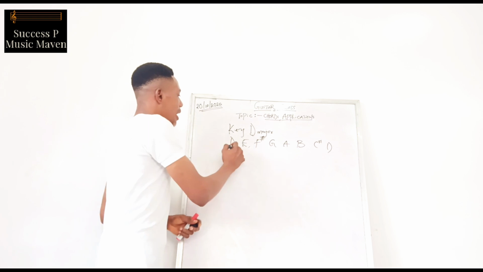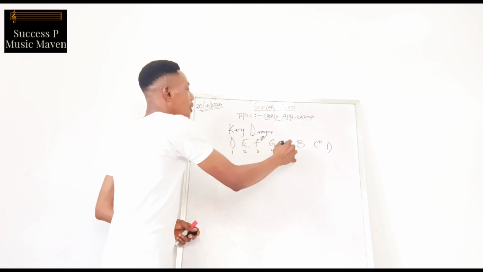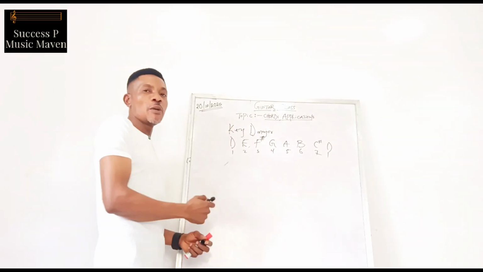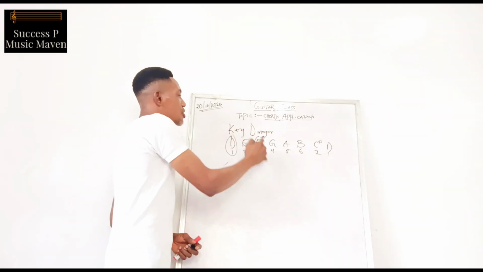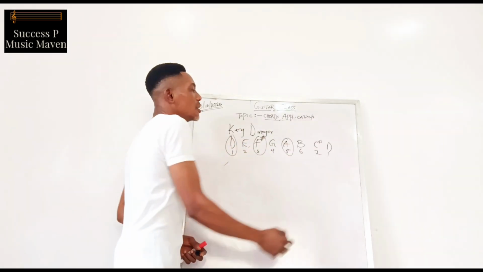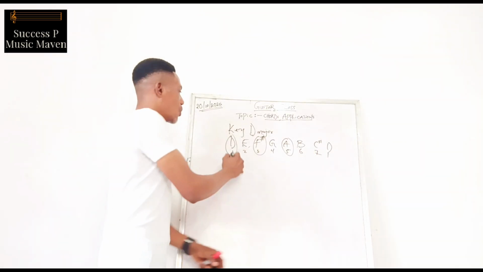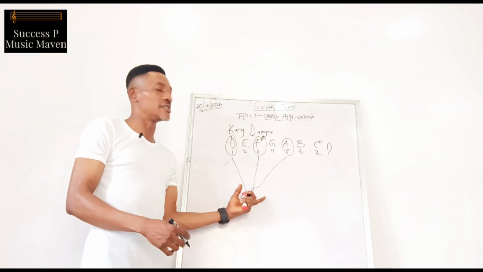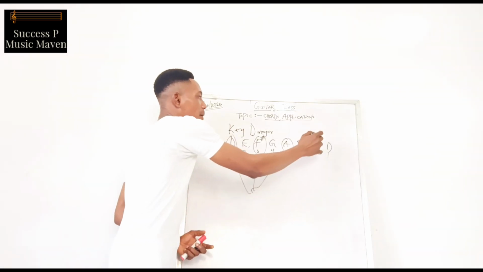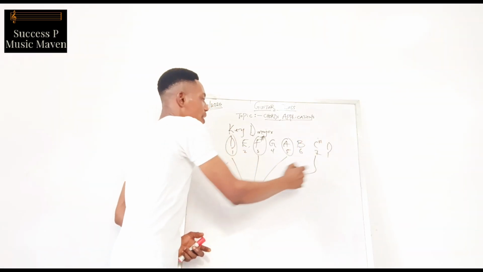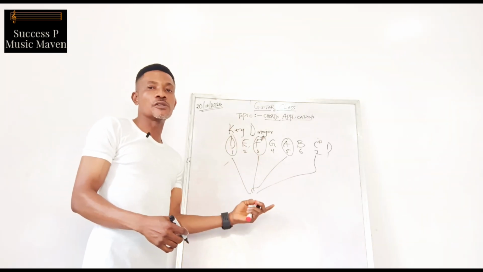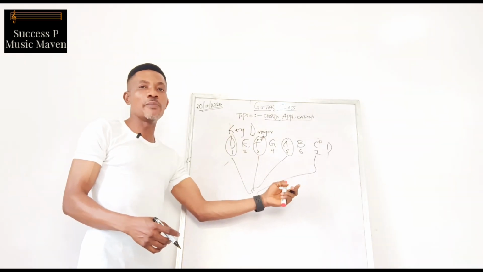We have 1, 2, 3, 4, 5, 6, 7, then back to 1 or 8. Now let me pick the first note, the third note, the fifth note, then look at the seventh. 1, 3, and 5 are my D major triad. If I pick the 7th note to it, it makes it a D major 7th chord. But that is not what we are talking about.